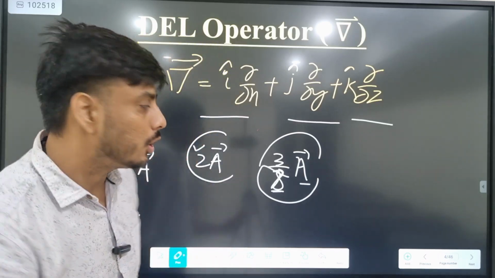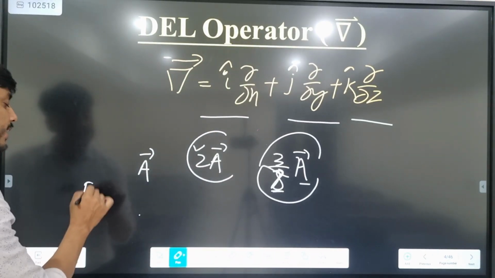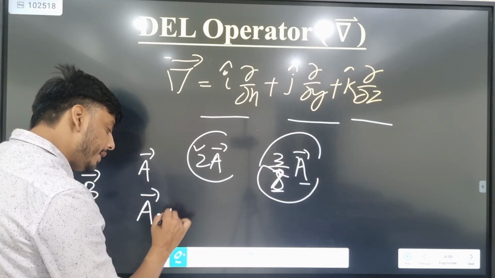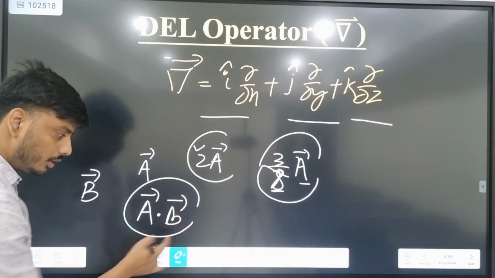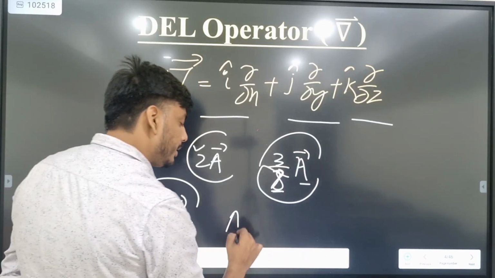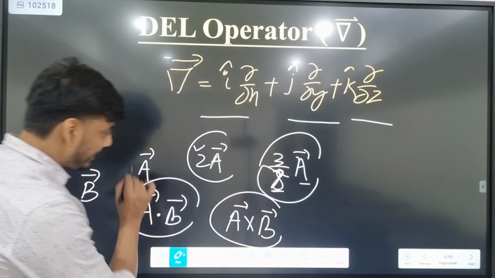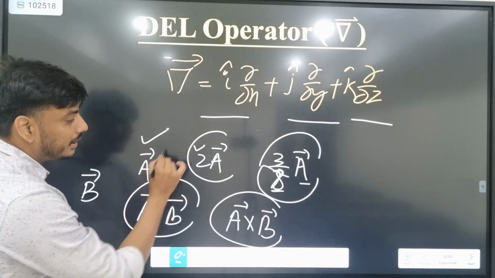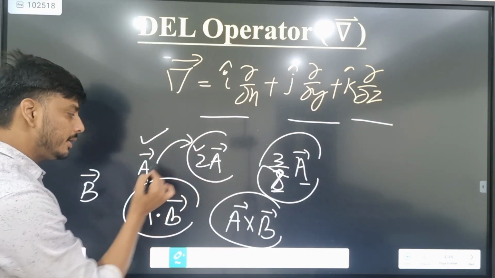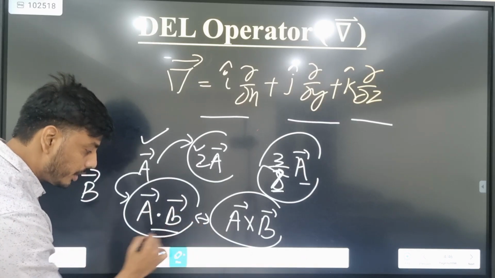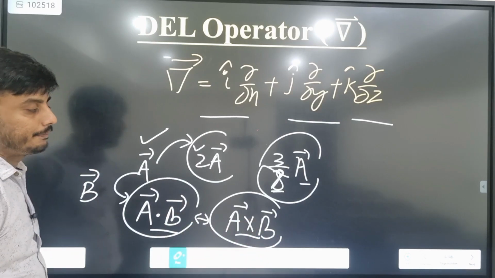You must remember dot product and cross product. If b is another vector, we can find a dot b, the dot product, and a cross b, the cross product. So a vector can be multiplied with a scalar, or with a vector via two different methods: one is dot product, one is cross product.